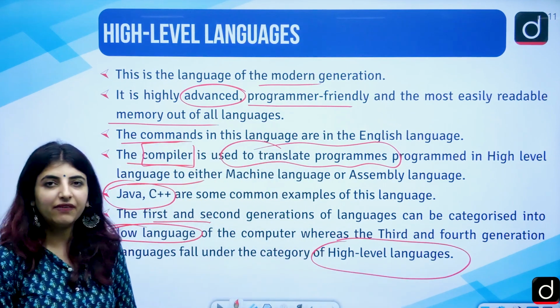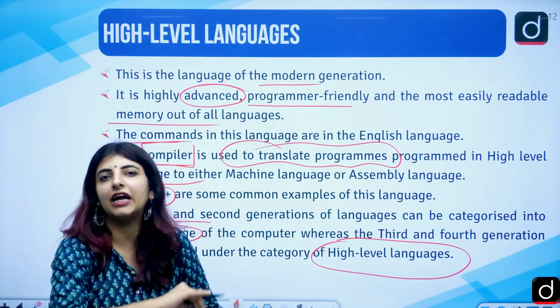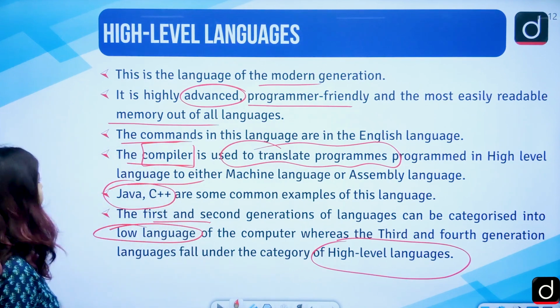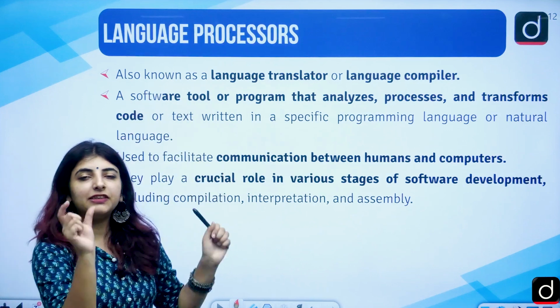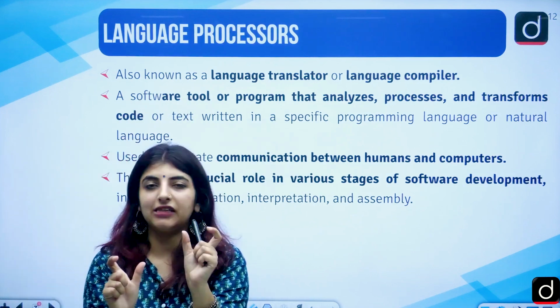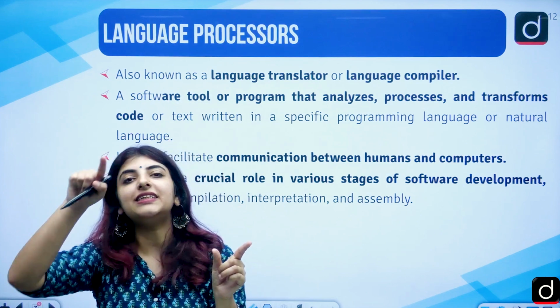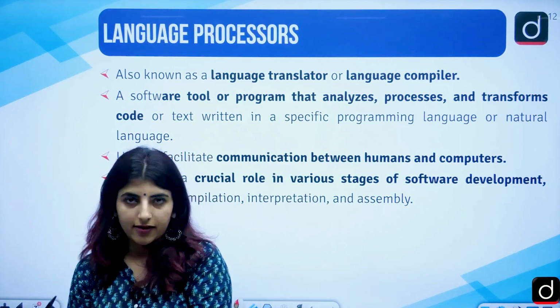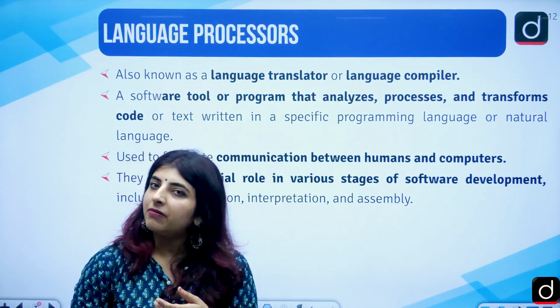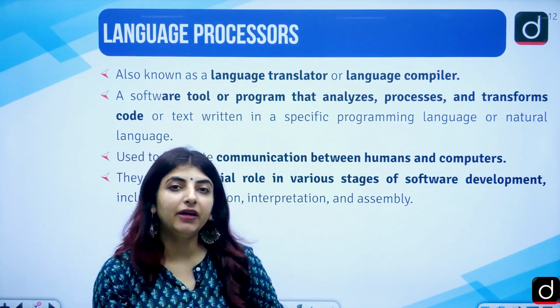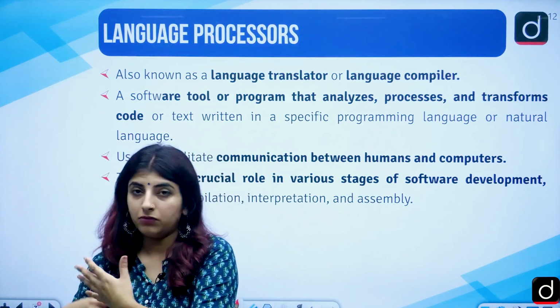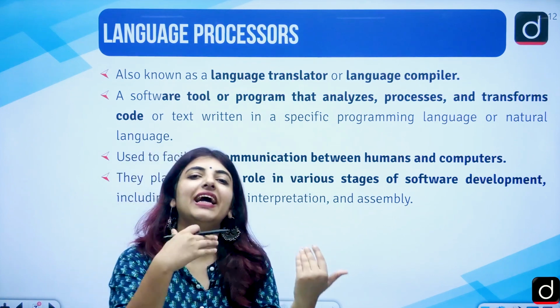We are clear with the languages. Now we are going to see what language processors are per se. So, first of all, the language processor is going to process the type of language which is there, correct? It could be machine level language, assembly language, or high level language.